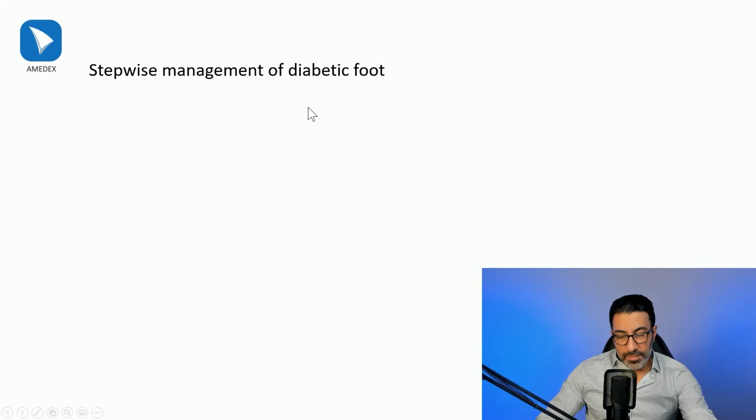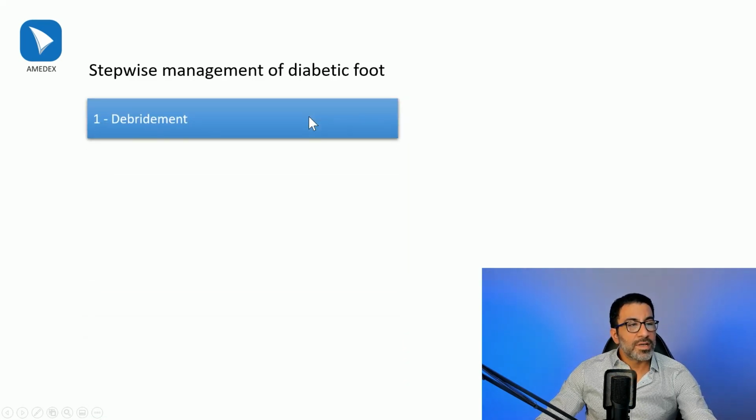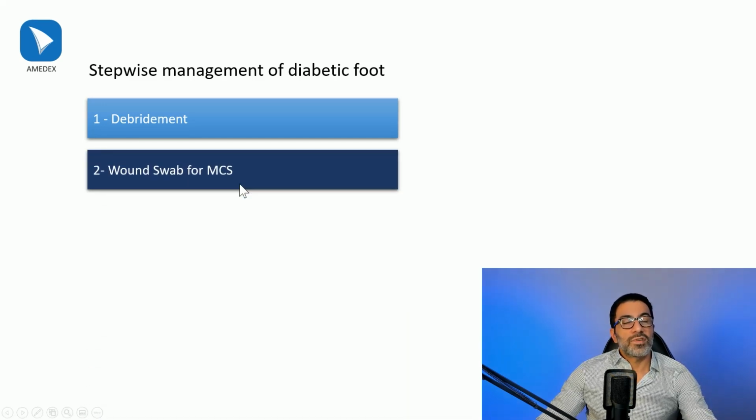When it comes to exam purposes, the first thing you need to consider is always debridement. I'm going to talk about that in more detail later on. So when we are dealing with a diabetic foot ulcer, we always do and consider debridement first. Second, after the debridement, we take swabs from the wound for microscopy, culture, and sensitivity.